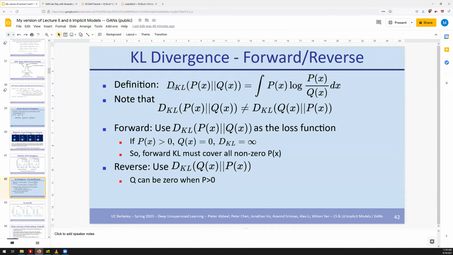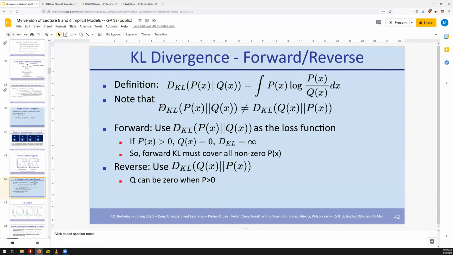This is the definition of the KL divergence, right? D_KL of P(x) and Q(x) is the expectation of the log of P(x) over Q(x). I wrote it as an integral. The left-hand side and the right-hand side are not equal if you flip P(x) and Q(x) around.